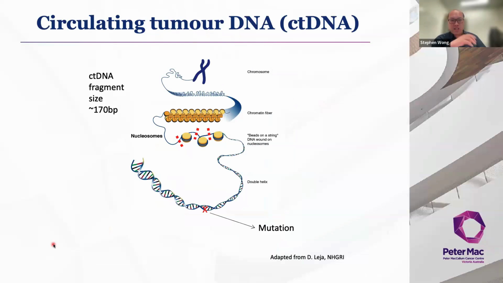Because circulating tumor DNA carries the same mutations as those derived from the tumor, it can potentially act as a personalized biomarker for cancer patient management. As I said before, because the amount of circulating tumor DNA is quite low compared to the release of all other cell-free DNA molecules from normal tissue, you need very sophisticated diagnostic methods in order to detect circulating tumor DNA in the blood.